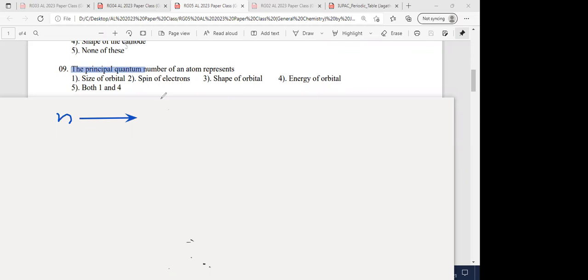So what matters here is called the principal quantum number. It can be 1, 2. I'll give one example. If you write 1s and 2s, what can you figure out from 1s and 2s? Here n is 1, here n is 2.